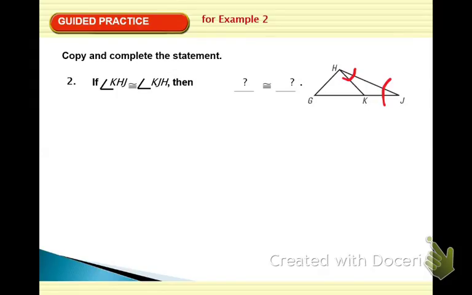HJ and HK. HK and what? HG. Nope. Here's the angle. The side opposite is KJ. The side opposite this angle is HK. So we would say it'd be HK and KJ. HK and KJ are the sides opposite the congruent angles.